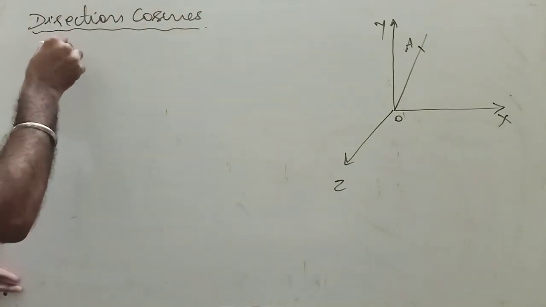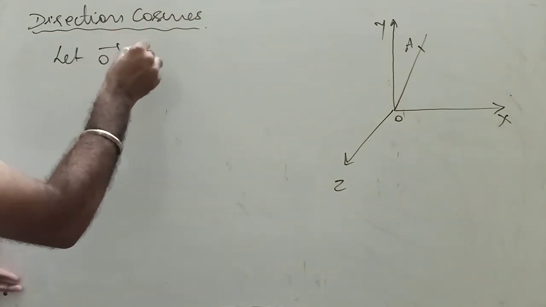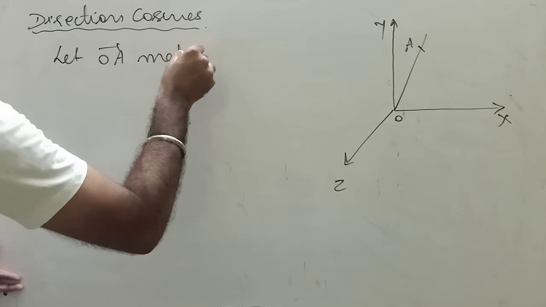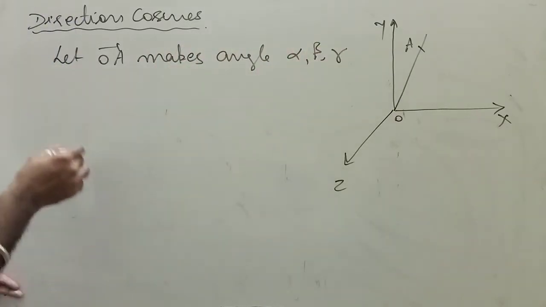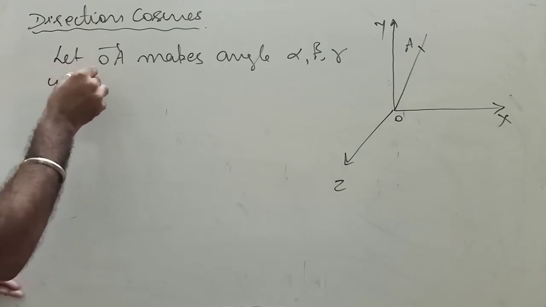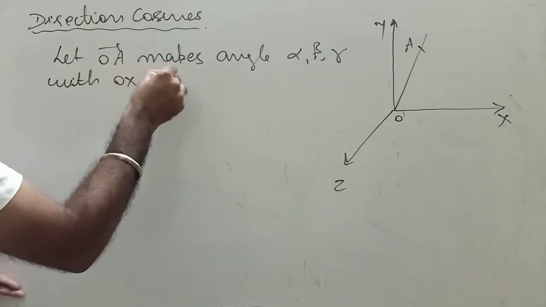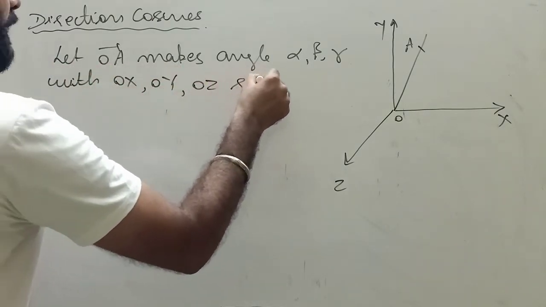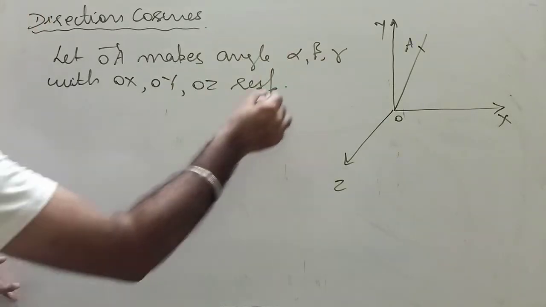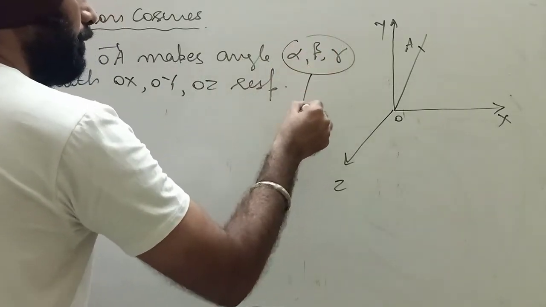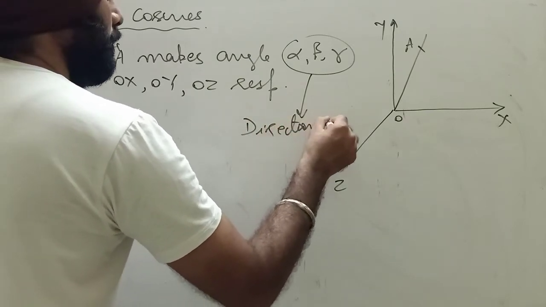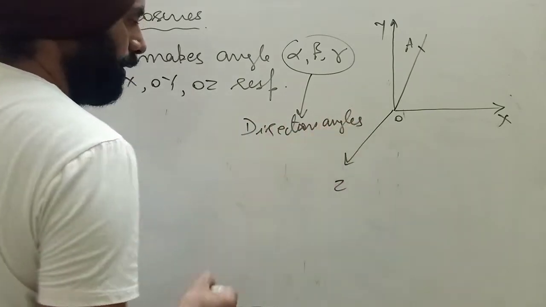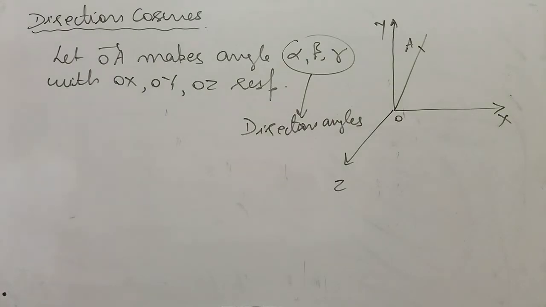Suppose the OA vector makes angles alpha, beta, gamma with OX, OY and OZ respectively. These three angles are called direction angles. Direction angles are the angles which represent the direction of the vector.